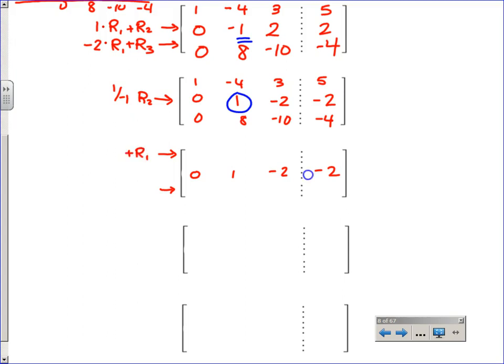You guys remember your adding? You're adding to cancel. Do you guys remember you're multiplying by the row with the 1 to add to cancel?